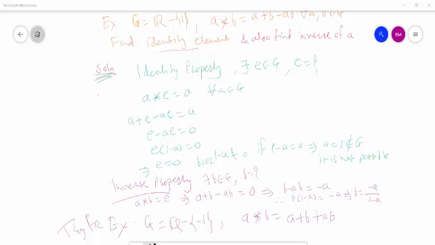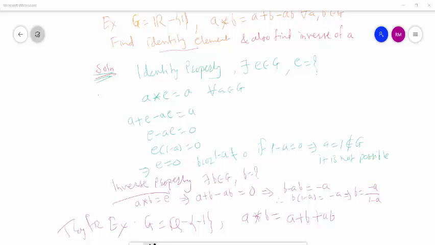If we simplify this, we get E equals E into 1 minus A, but 1 minus A can never be 0, because A is in G, so A must not equal 1. If 1 minus A were 0, that would give a contradiction. So definitely E is equal to 0. In this way we get the existence of the identity property.